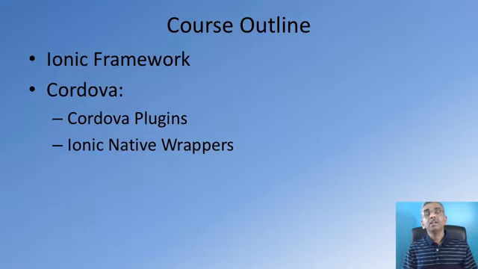And this is where to access the native capabilities of mobile devices, we will make use of the Cordova plugins together with the Ionic native wrappers that are built around the Cordova plugins that enable us to access the native features of the mobile platforms from our Ionic application using Angular. This course itself is organized into 4 modules, each module typically corresponding to 1 week of work.